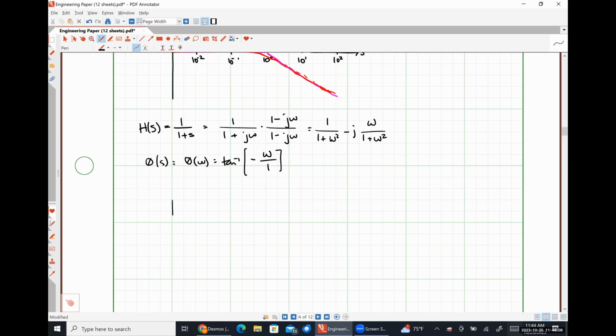So plotting this out, 10 to the 0, 10 to the -1, 10 to the -2, 10 to the +1, 10 to the +2, and so forth. This is 0, minus 45, minus 90.